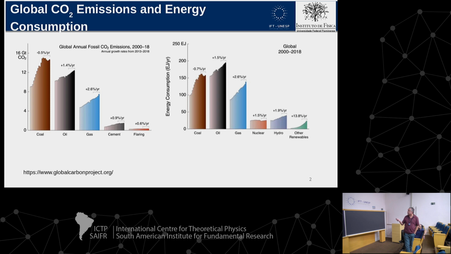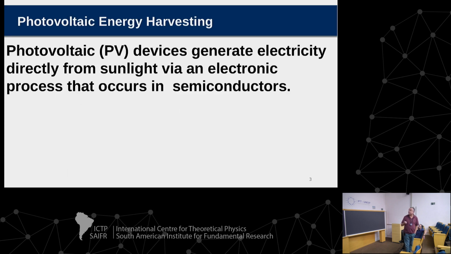Of course, here we have several kinds of energy production. One of them is photovoltaics. Photovoltaics is the direct conversion of light to electric energy.